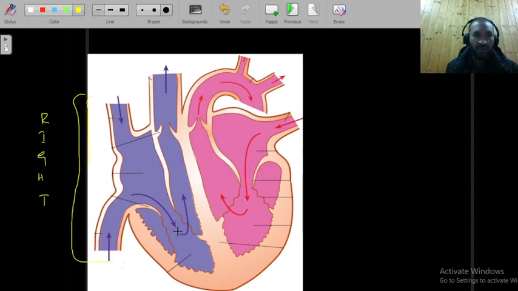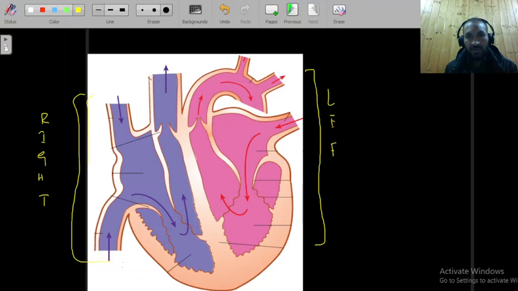This is the right of your heart. Okay, and this is the left of your heart. So this is the left side of your heart, and this is the right side of your heart.